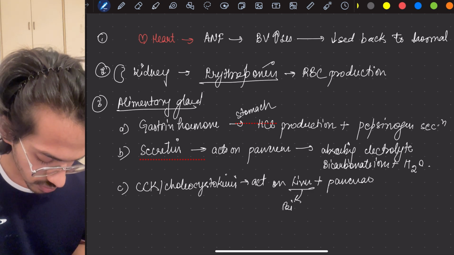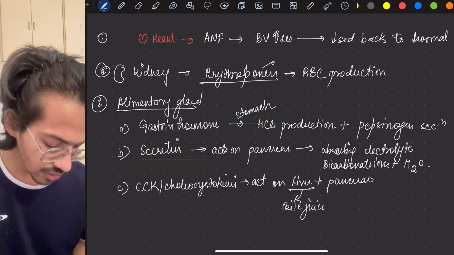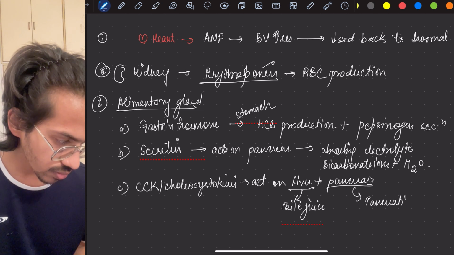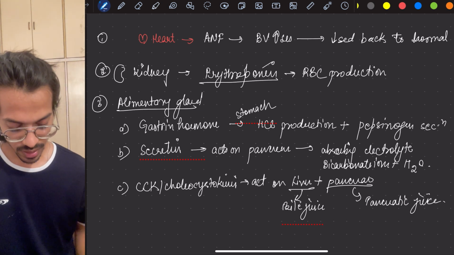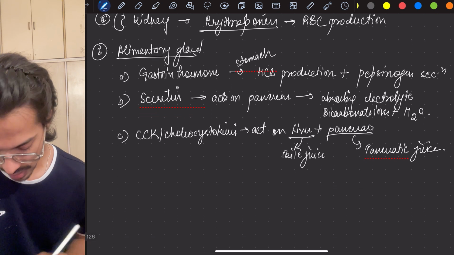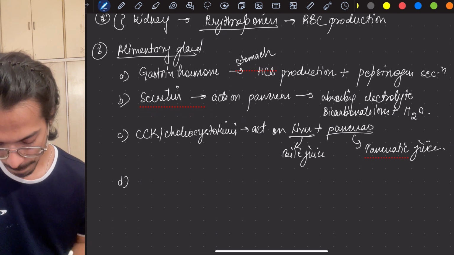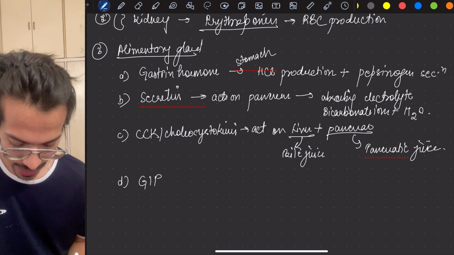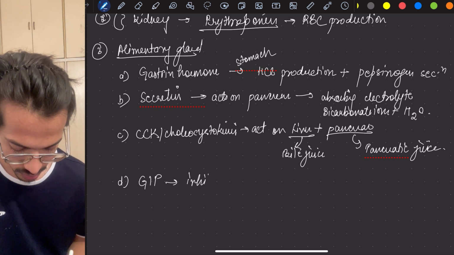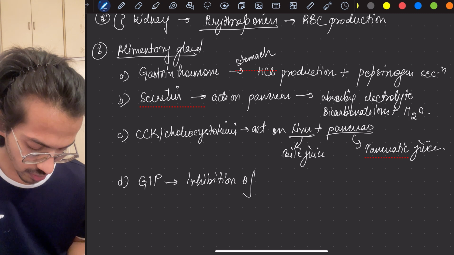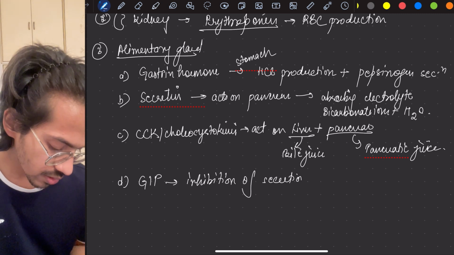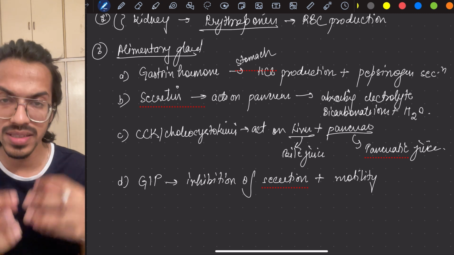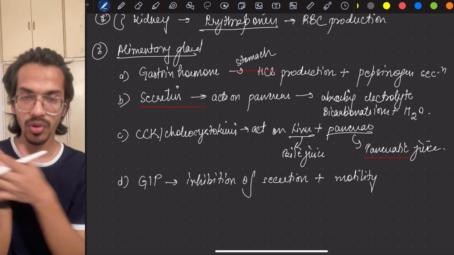Bile juice, as well as the pancreatic juice or enzymes. And the last one is gastric inhibitory peptide. It helps in the inhibition of secretion plus motility, meaning the movement, that is peristaltic movement. This is all about the hormones.